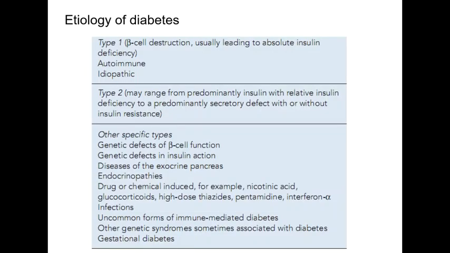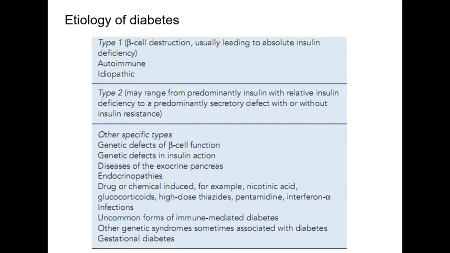Etiology of these two types. So type 1 diabetes is characterized by beta cell destruction, which can be autoimmune or idiopathic. Type 2 can range from predominant insulin resistance with relative insulin deficiency, or there is a secretory defect with or without insulin resistance.